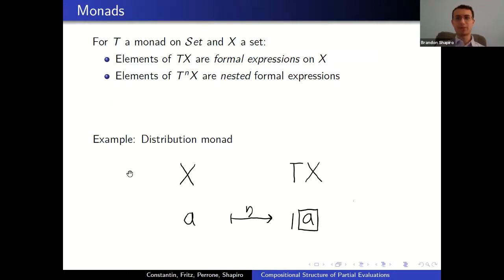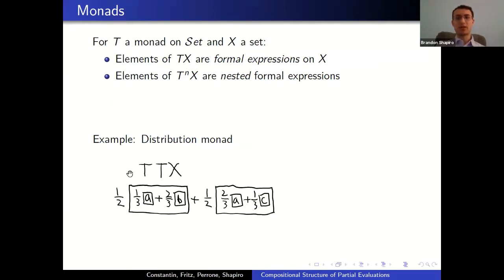The multiplication for the monad: if we start with something in TTX like this, a convex combination of convex combinations, where we have coefficients on both the inside and the outside, the multiplication is given by erasing the outermost boxes and then distributing the coefficients, reordering the terms.